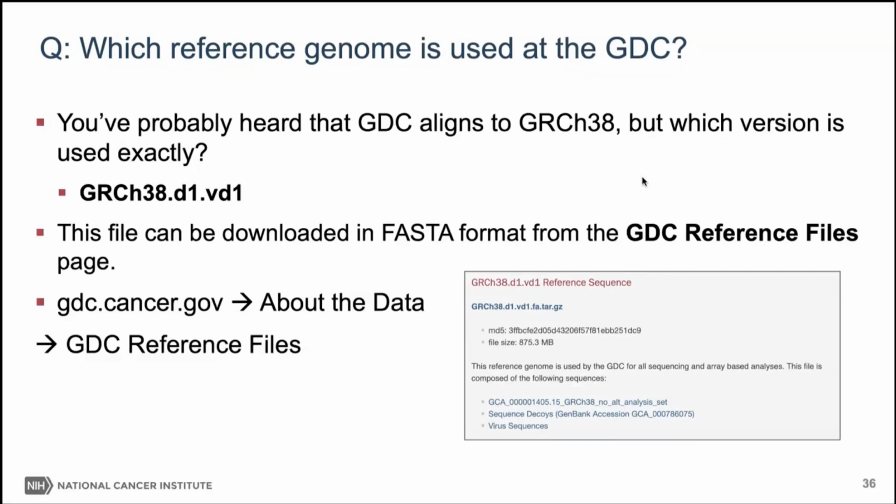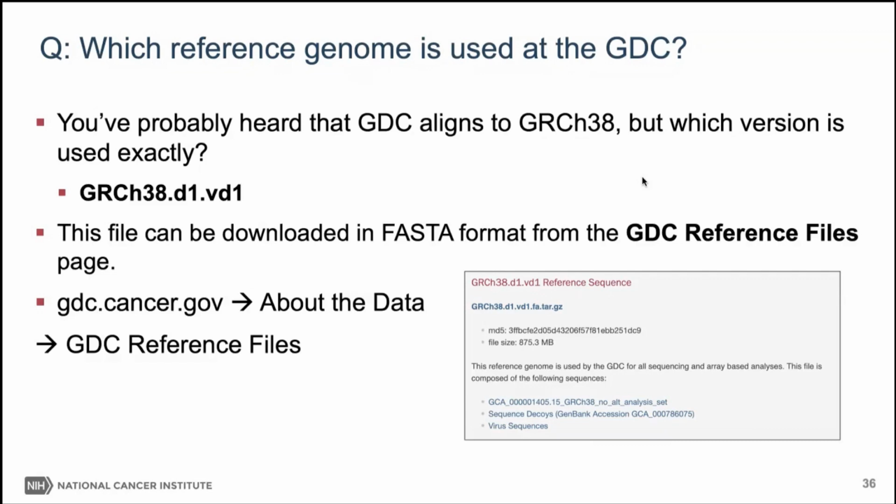So which reference genome is used at the GDC? You've probably heard the GDC aligns to the GRCh38 reference genome, but there are multiple versions of this. And the one that's used exactly is GRCh38.d1.vd1. If you're interested in the FASTA format of this file, you can go to the GDC reference files page by going to gdc.cancer.gov, about the data, and GDC reference files.